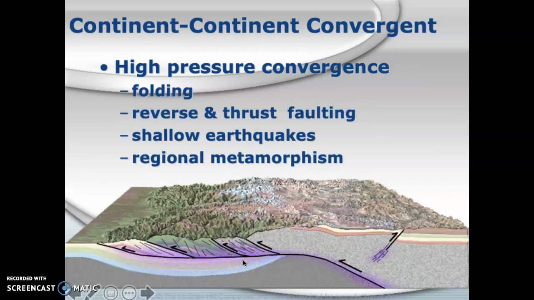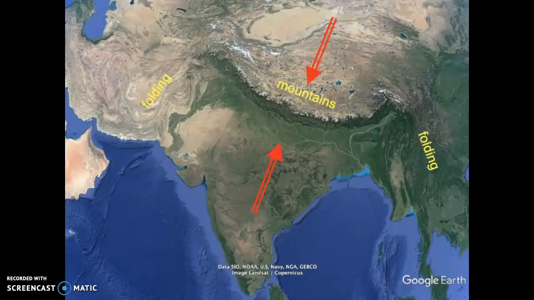So all that high pressure is going to fold and fault the rocks as well as metamorphose them and change them. And where do we see this occurring today? We see this occurring where India is crashing into the south side of Asia, and it's actually pushed its way in.